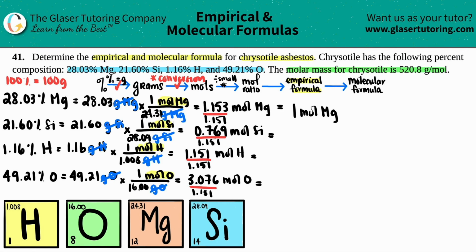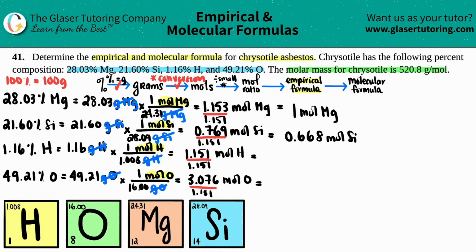0.769 divided by 1.151, I get 0.668 mole of silicon. Can I bump that up to a whole number? No, I can't. That's not close enough to get to the nearest whole number.